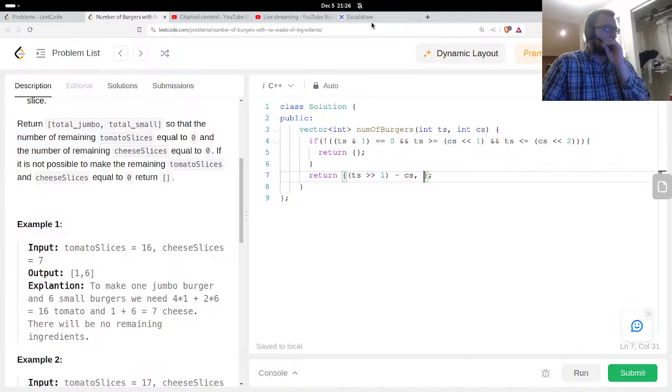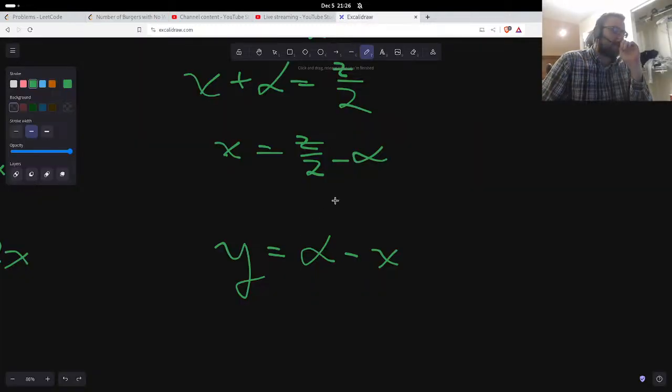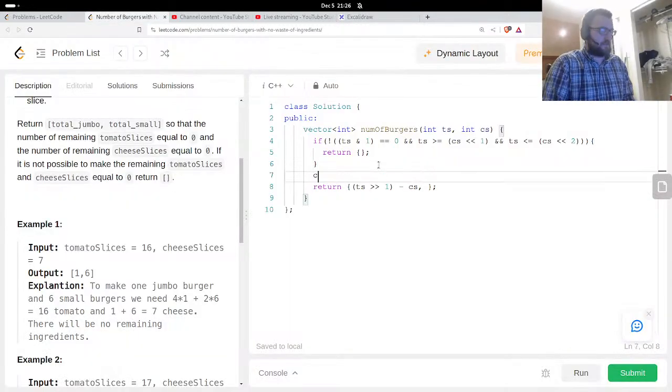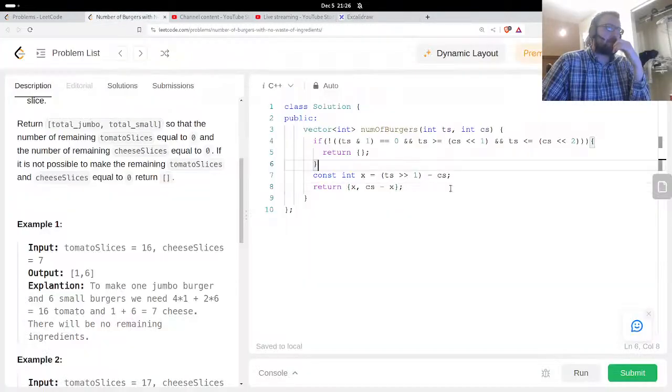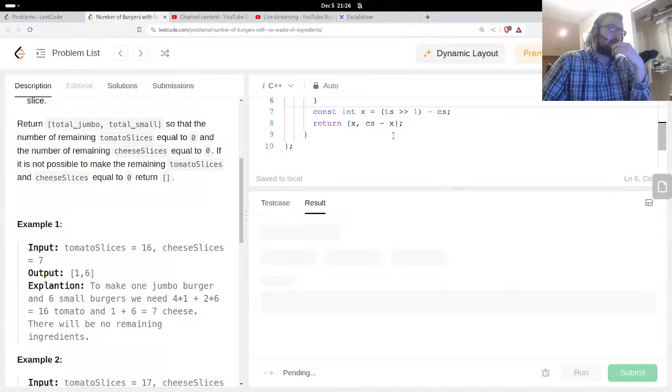This is not as easy as I thought it was. And then y is equal to alpha minus x. Maybe that's what I did wrong.